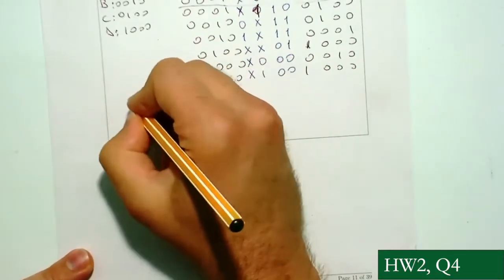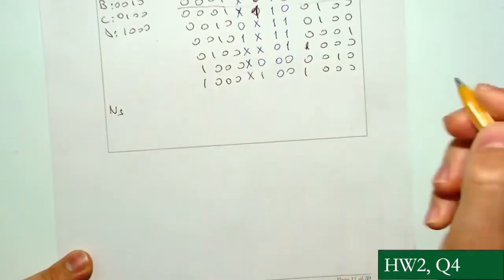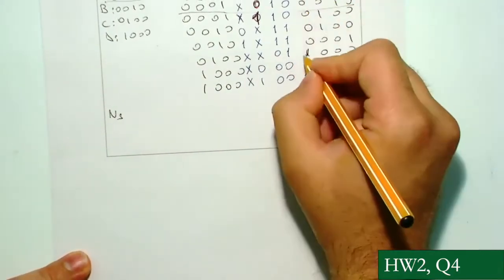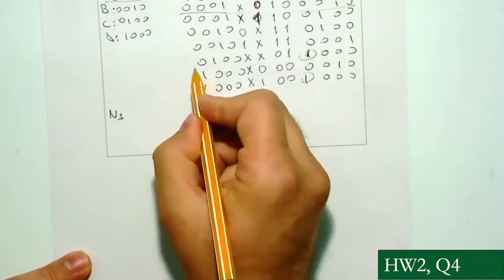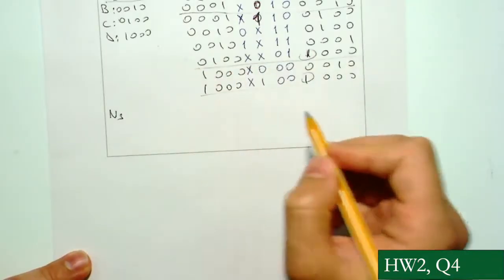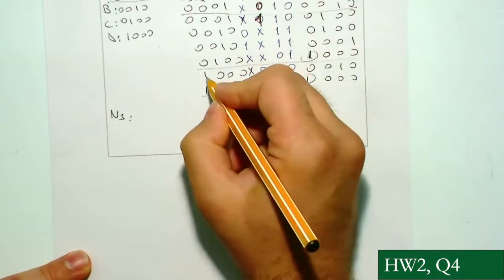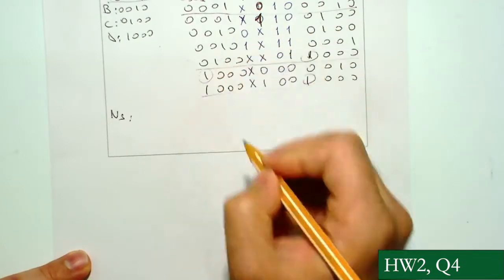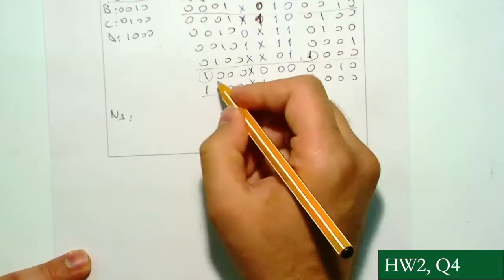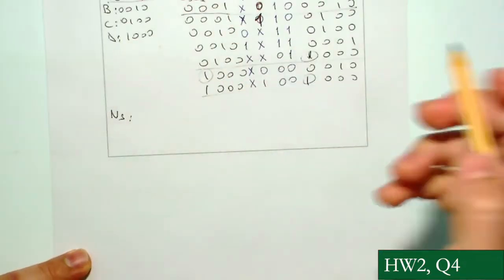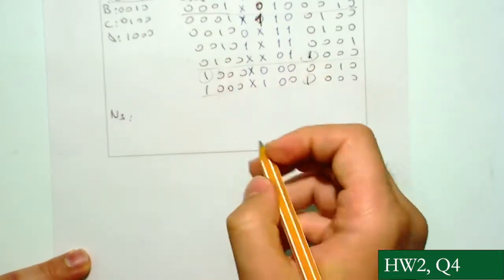Okay. All right. So let's write N3 here. I'll check when N3 is 1. N3 is 1 for these two rows. For the one-hot encoding, this means that if one of the bits in the input is 1, then the rest should be 0. So we can regard them as don't cares.